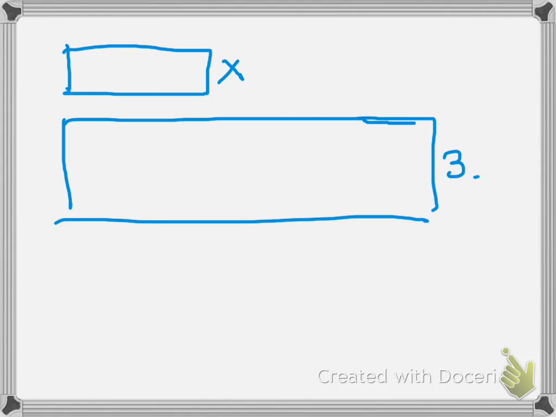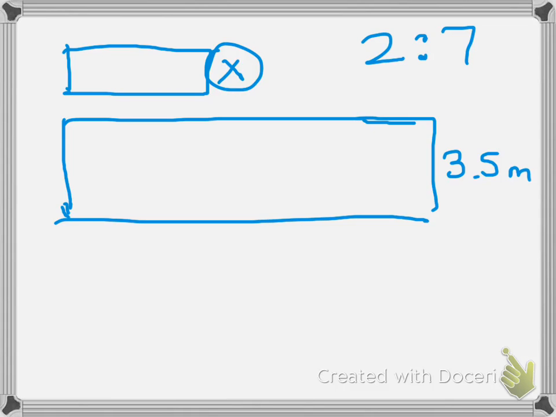And this side is 3.5 meters. Alright, now we're trying to find X. And they tell us that the ratio of the lengths of the small to the large is 2 to 7.